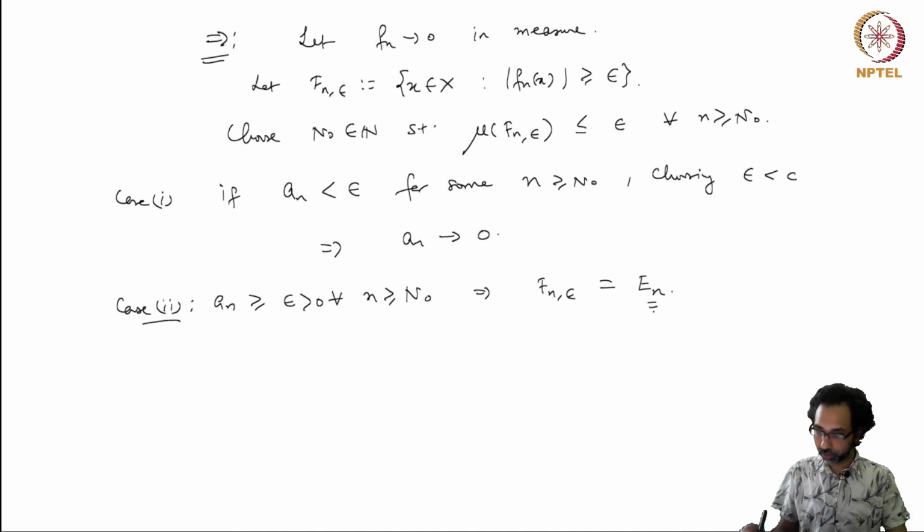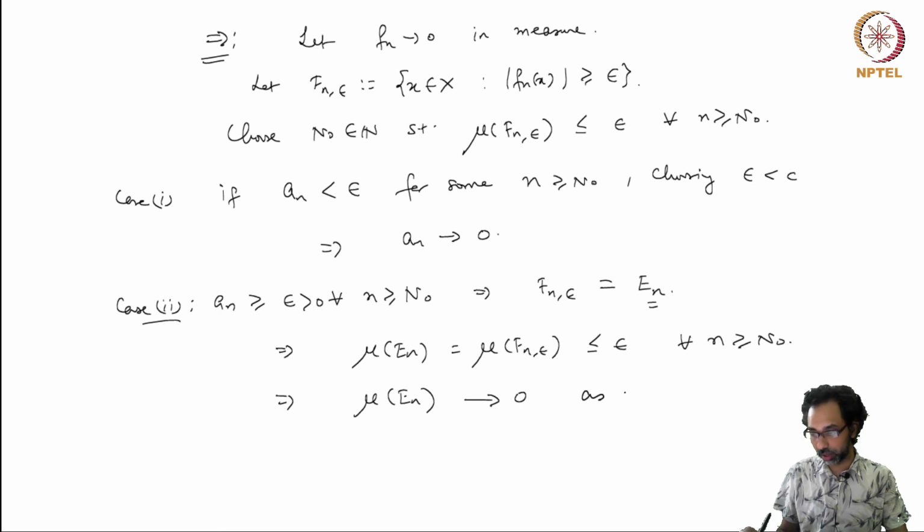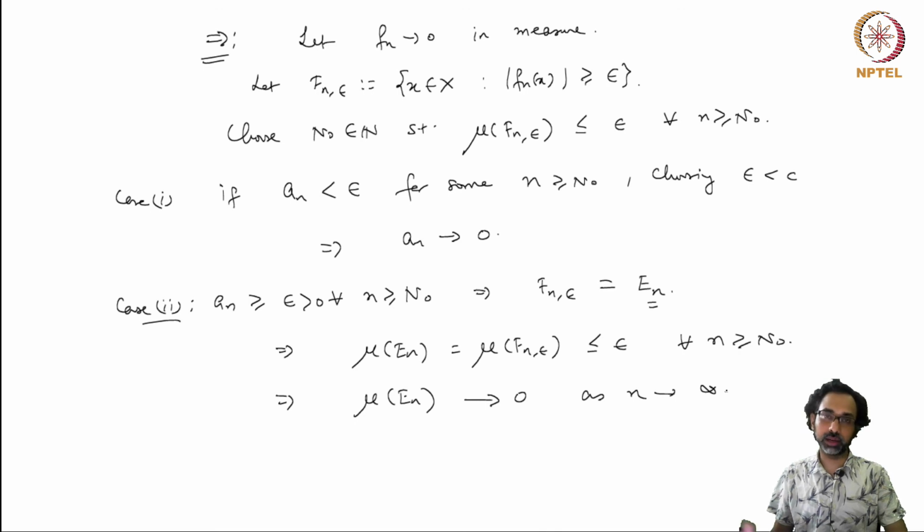So this implies that the measure of En is equal to the measure of Fn epsilon, and it's less than or equal to epsilon for all n greater than or equal to n naught, which means that the measures of these En, the width, goes to 0 as n goes to infinity. So we see that in the case of simple monotonic functions, there are some reverse implications that we can state.